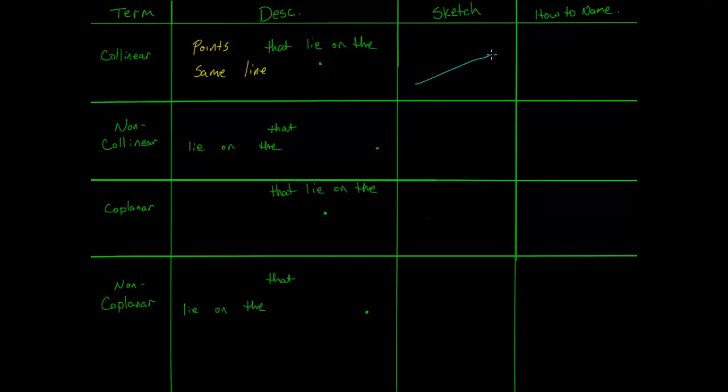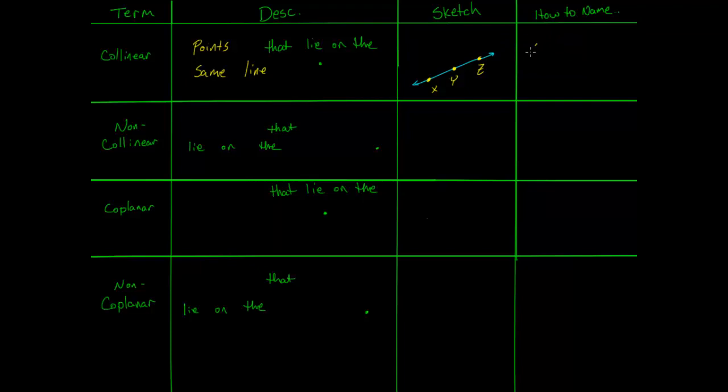Let's draw ourselves a line. And let's put some points on this line. Here we go. I'm going to put points X, Y, and lastly Z. And whenever we're talking about naming it, it says how to name it.